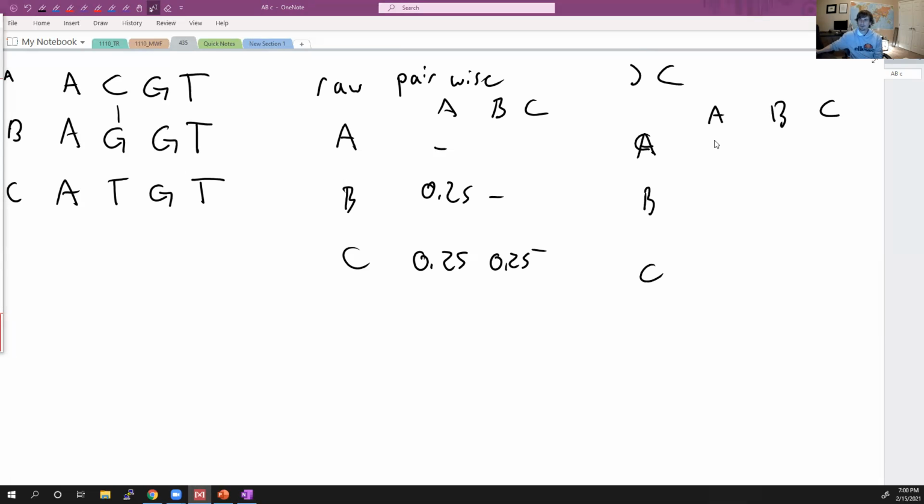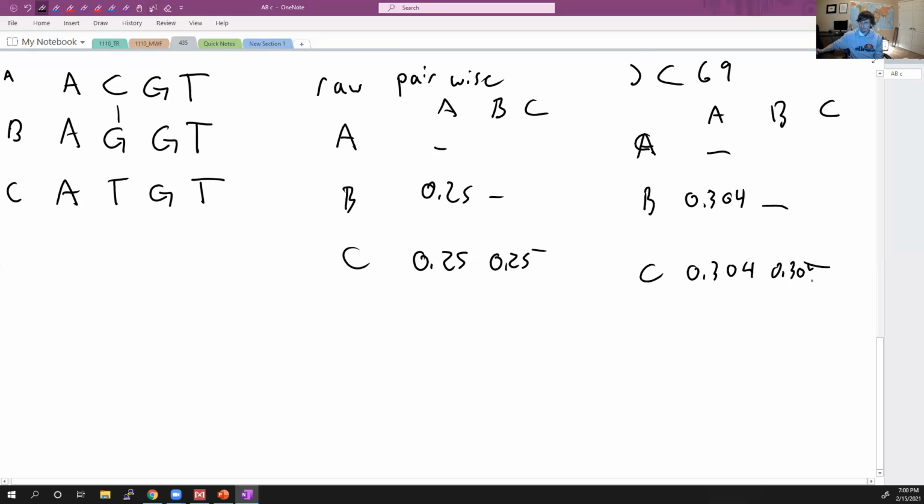Now whenever we redo this calculation under the JC69 model, A to B is going to be calculated as 0.304. This is going to be 0.304, and that's going to be 0.304. So under the JC model, our sequences are more diverged than what they appear to be. We're taking into account invisible mutations that we're not actually observing. So our distance increases.